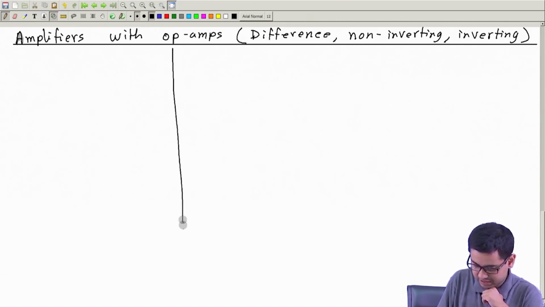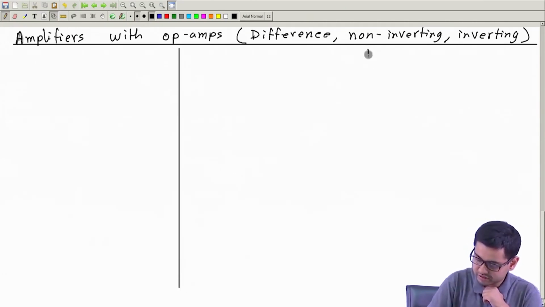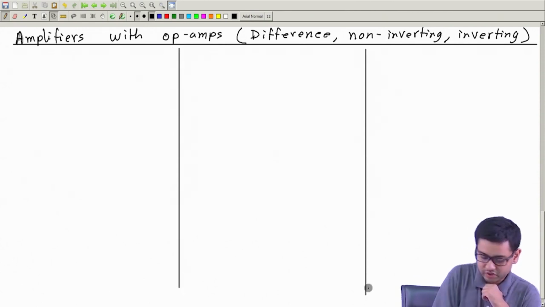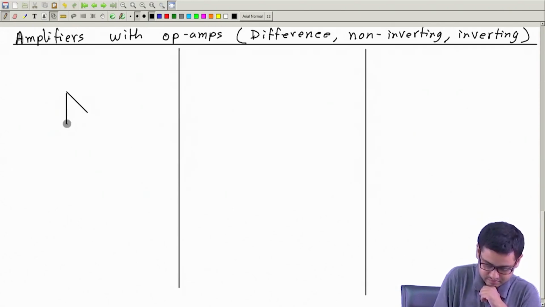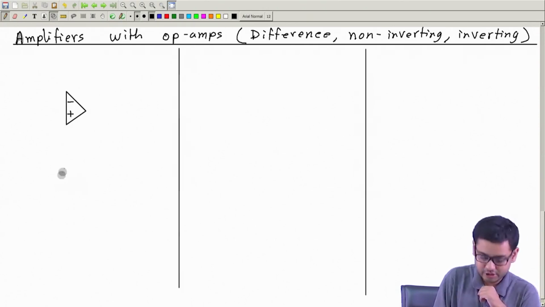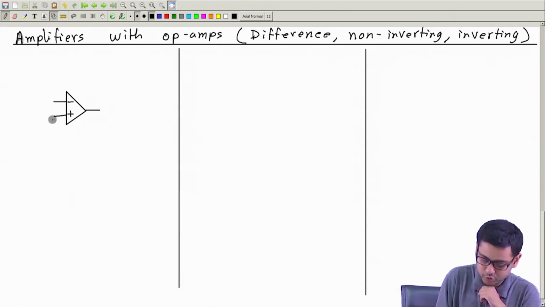So let me make three columns. First, let me draw the difference amplifier. So this is the op amp. We will have minus and plus inputs, one output, two inputs.